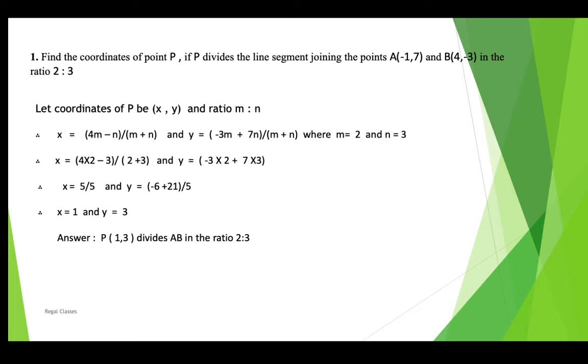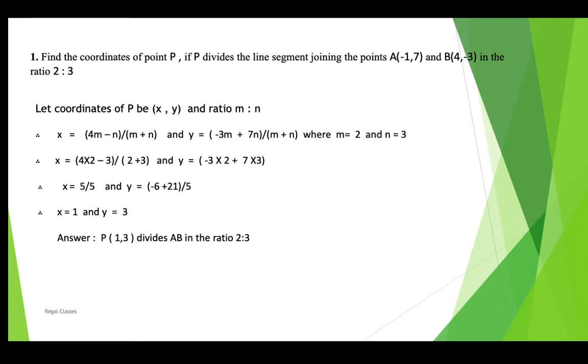Similarly, y becomes (minus 3m plus 7n) divided by (m plus n), where m is equal to 2 and n is equal to 3. So we are substituting the values and calculating, where x is equal to 1, y is equal to 3. So P(1, 3) divides AB in the ratio 2 is to 3.